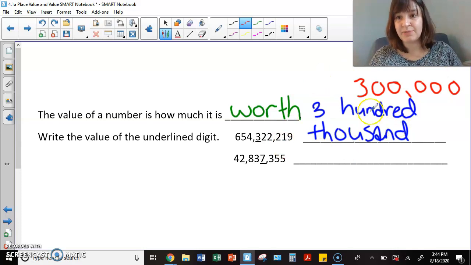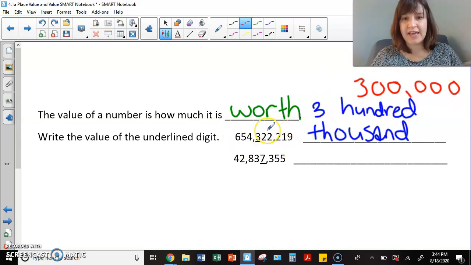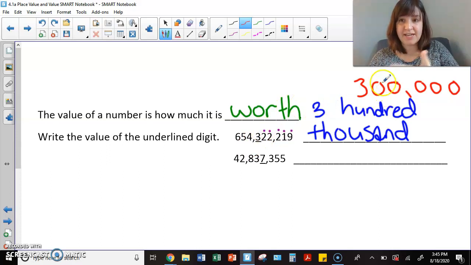So it can be represented both in words and in digits, in numbers. And the way I look at that is I see that this is the number 3 right here, and I count 1, 2, 3, 4, 5 digits after. And if there's 5 digits after that number, then there's 5 zeros after that number, because those zeros are placeholders.